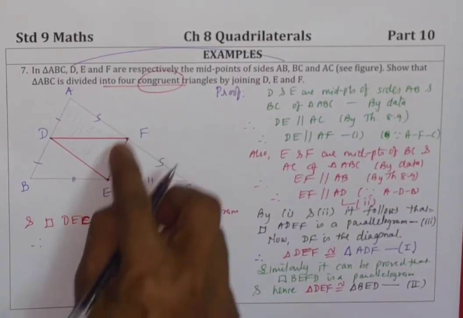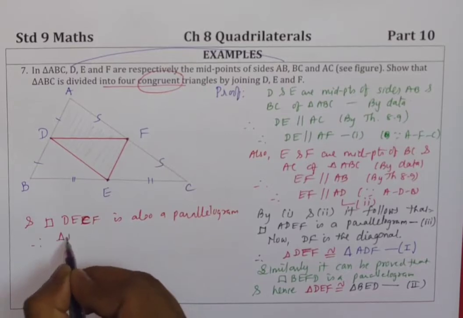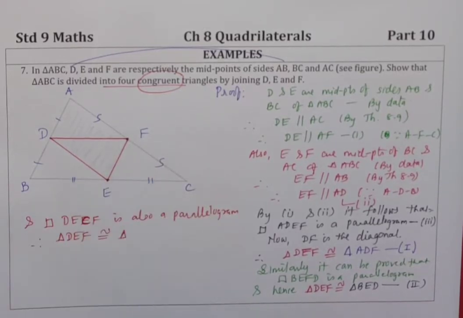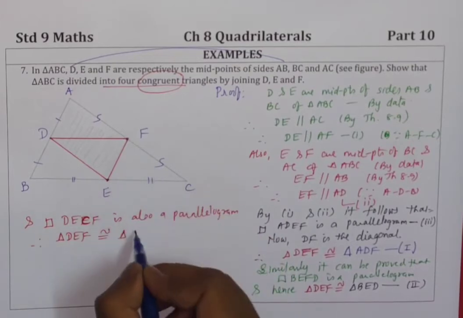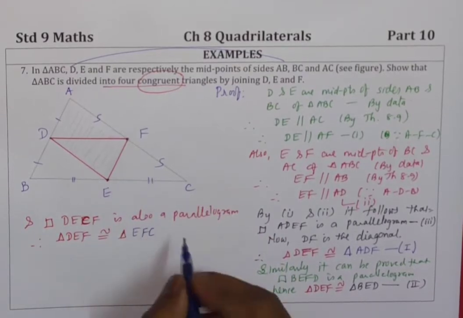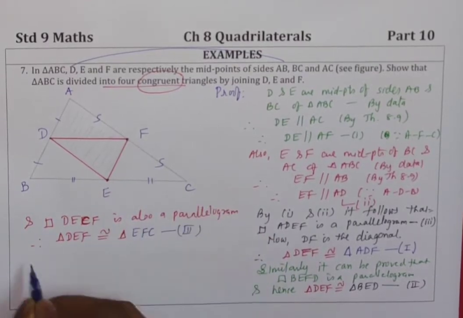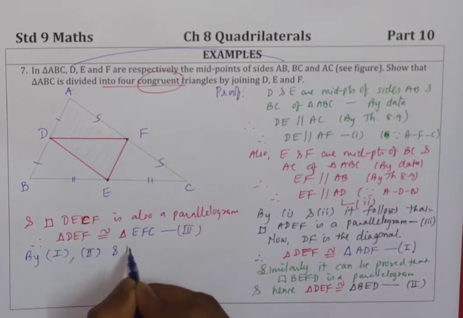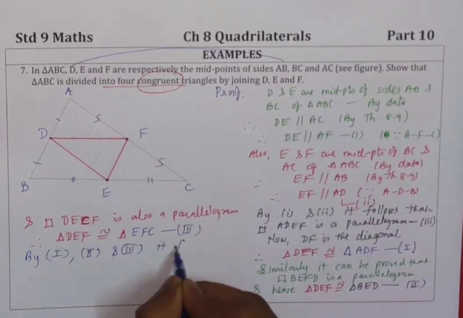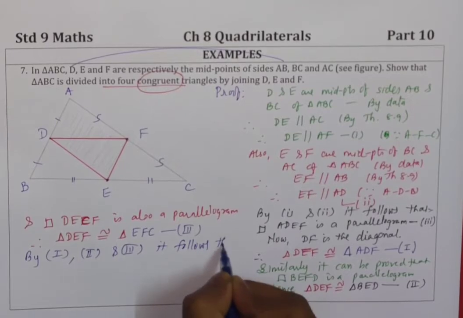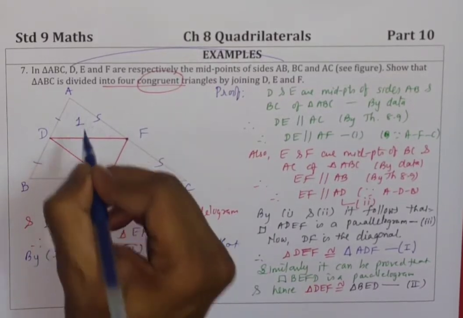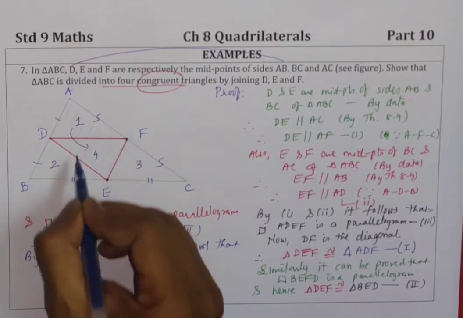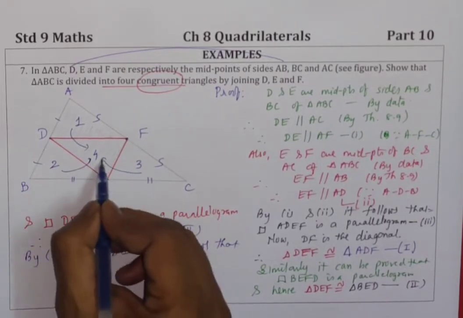Therefore, its diagonal is EF. Therefore, triangle DEF is congruent to triangle EFC, whichever way you say it. This is result third. Finished by first, second and third, it follows that, children, this is triangle 1, triangle 2, triangle 3 and triangle 4. 1 is congruent to 4, 2 is congruent to 4, 3 is congruent to 4.